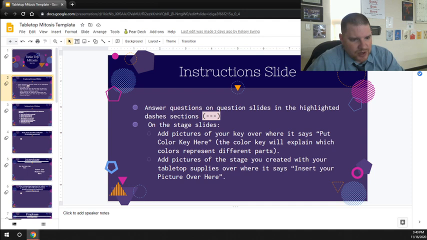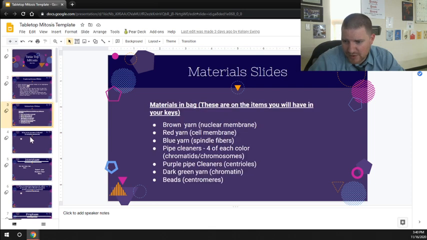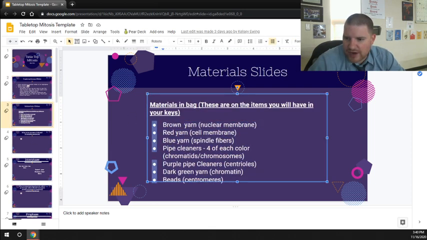You're basically putting what you used in your picture and what colors are represented there. You're going to be doing that a little bit differently since you are not able to actually utilize the bag. I'm going to explain what your version of it is, and there's going to be a picture for you to add. So your materials in the bag are right here, showing what everything represents.